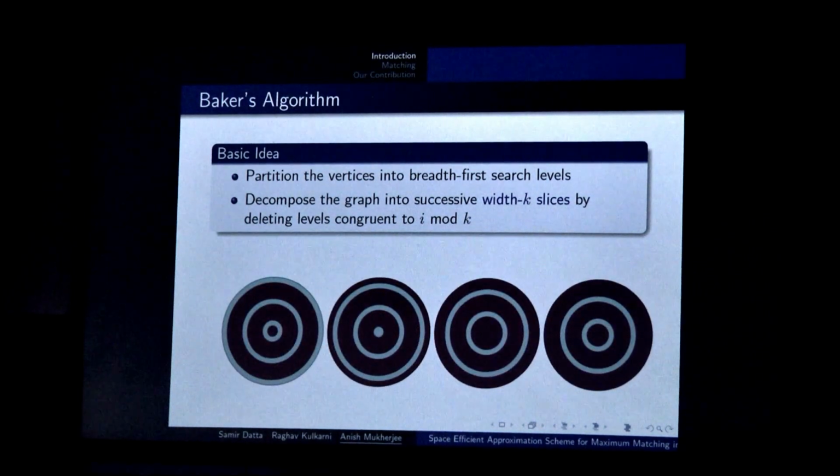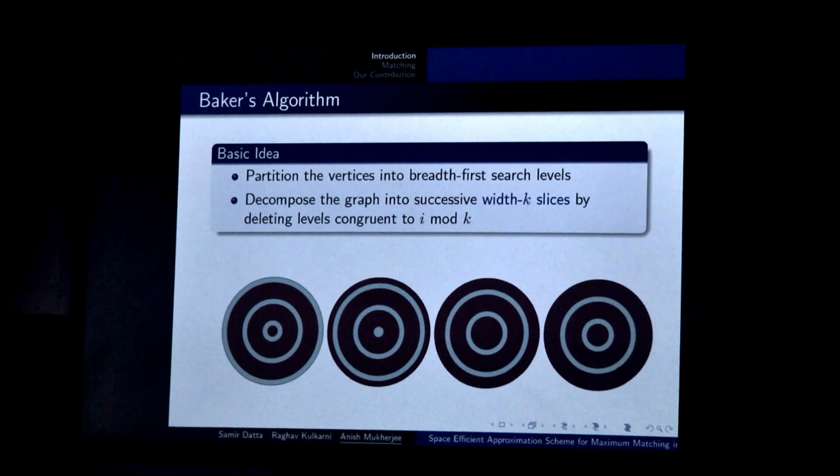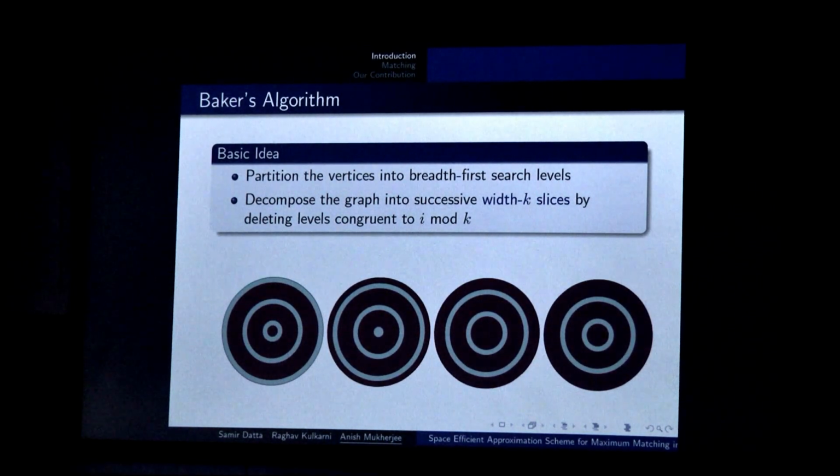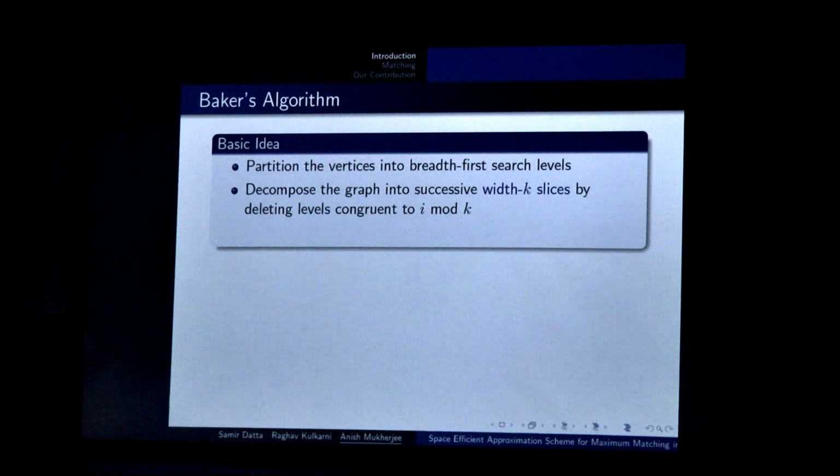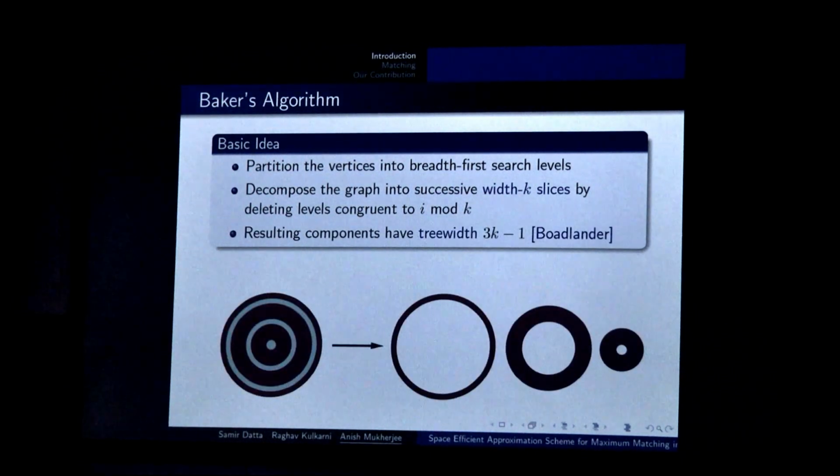Suppose you choose k to be 3, and these are the 4 possibilities of choosing the layers. The blue circles are the layers which you remove, and what you get is called a k outer planar graph.